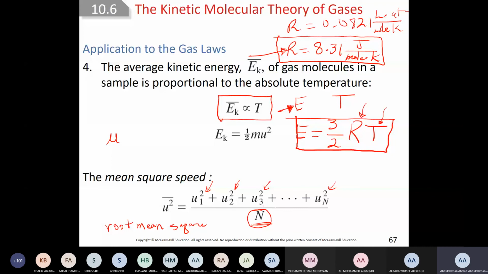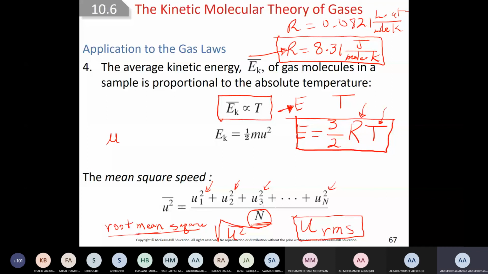When we take the square root of U squared, this is called root mean square, and from now on we will call this speed URMS. I want you to memorize this. What is this? It is the root mean square speed.